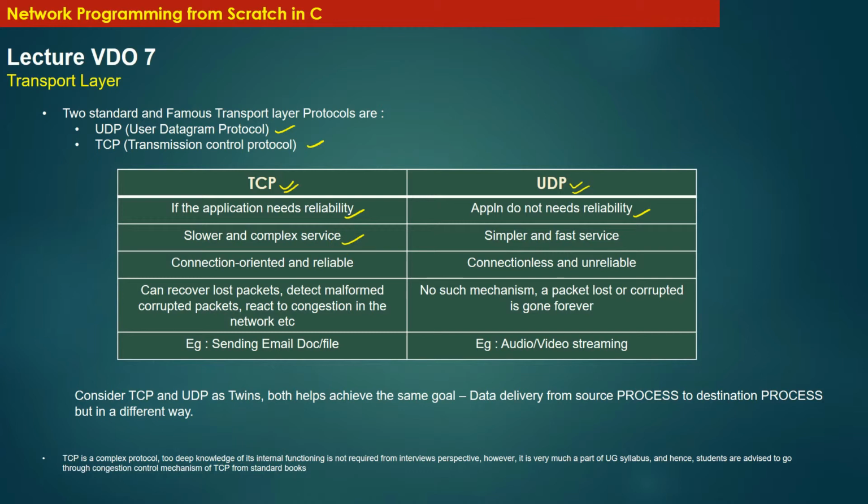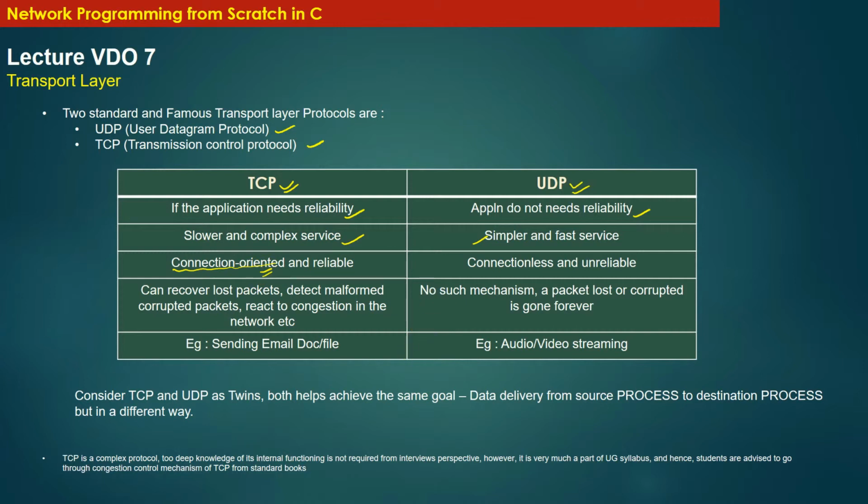TCP protocol, because it has a lot more functionality attached to it, is slightly slower as compared to UDP protocol. UDP is a simpler but fast service. TCP protocol is connection oriented.